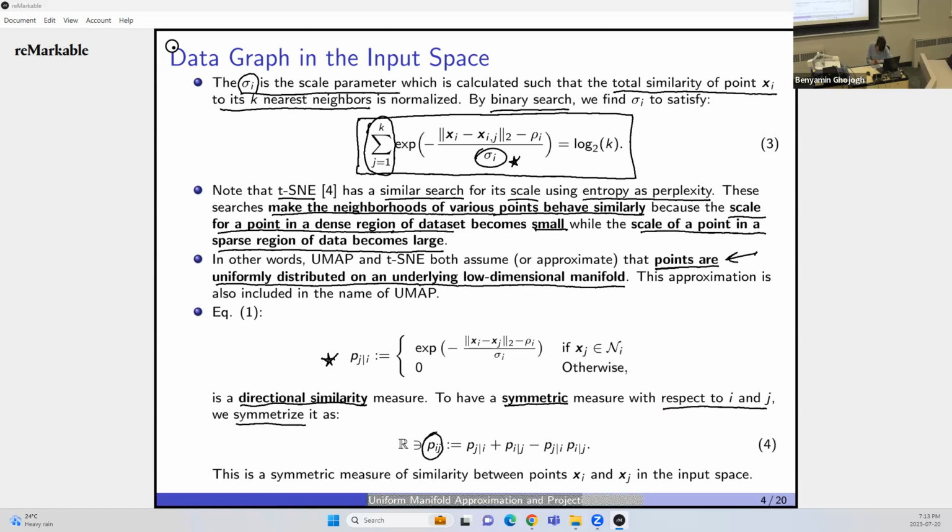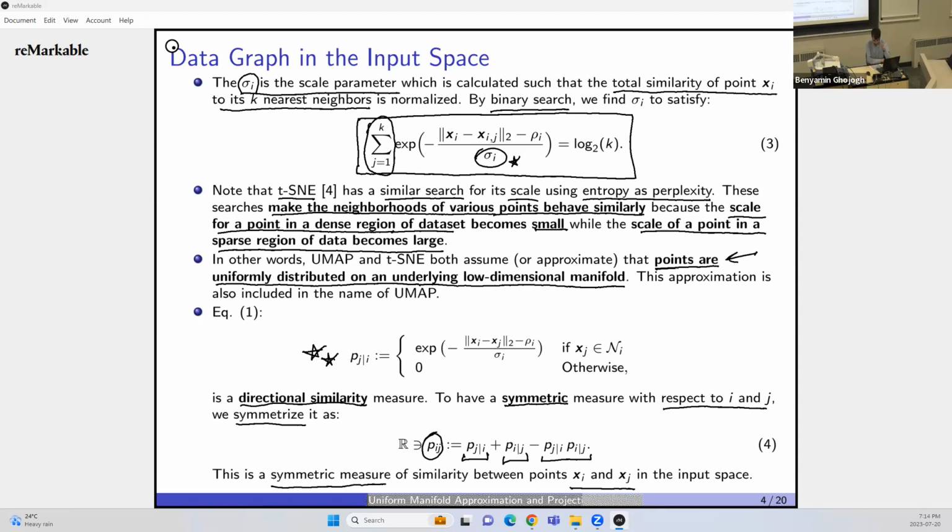So pij or pji, this is symmetric, is defined as p j given i, which is defined here in equation 1, plus p i given j, so you change the i and j in this equation, minus pji times pij. Okay, and I think you will understand easily in equation 4, if you change i and j, you will see it will remain the same. This is a symmetric measure of similarity between xi and xj.